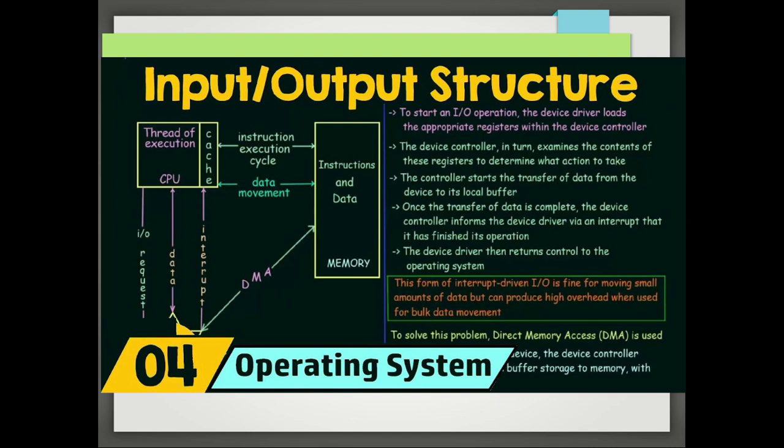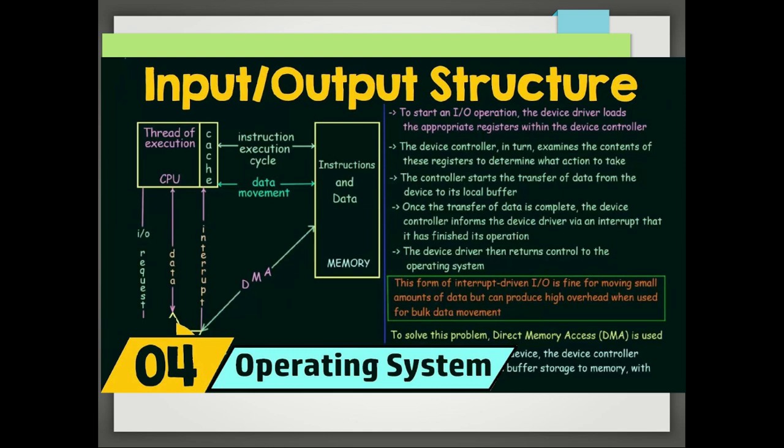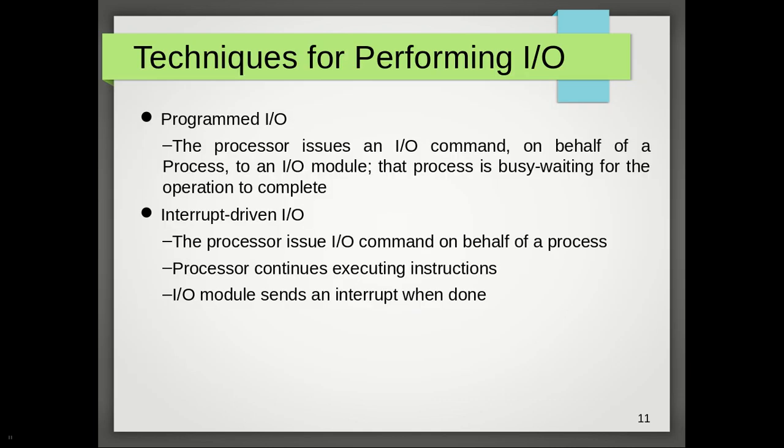Okay, so what is DMA, that we will see now. So we have seen here the device driver is interrupting the CPU for each byte of a stream of data we require. Okay, give me this data. So the CPU requests memory, memory gives back to the CPU, and the CPU returns it to the device, like this.